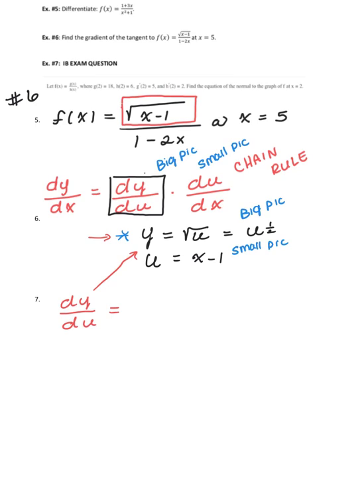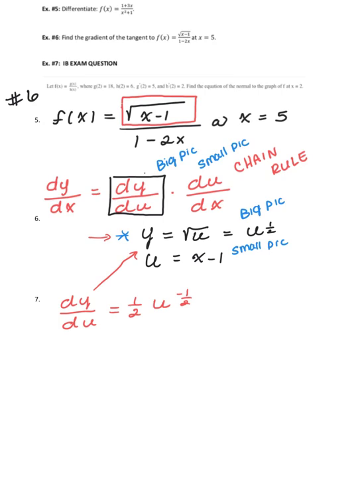Take the 1/2 and you move it up front and you do what to the power? Yes, right. So the derivative of the big picture, dy over du, is 1/2 u to the negative 1/2. Okay, do we get that? That's the derivative of the square root. That's the big picture function.